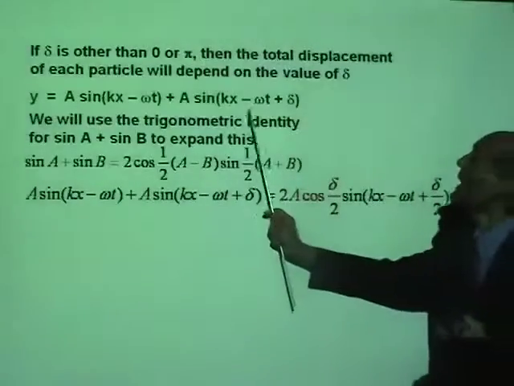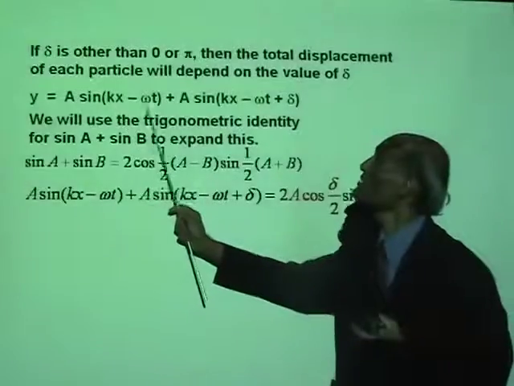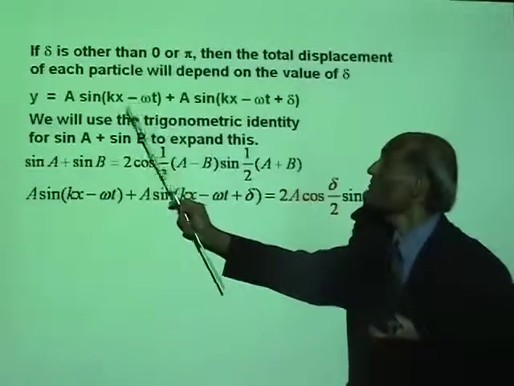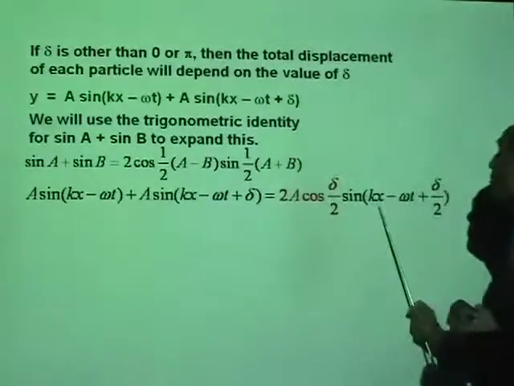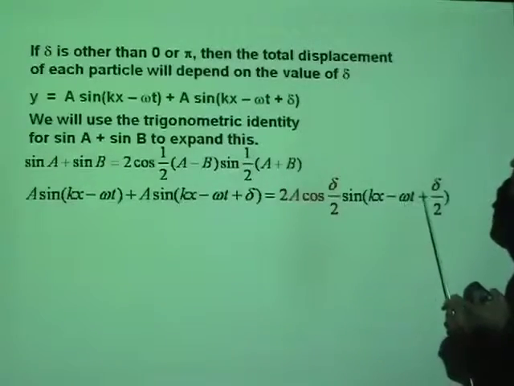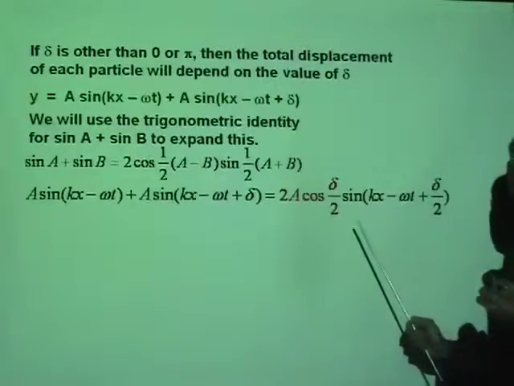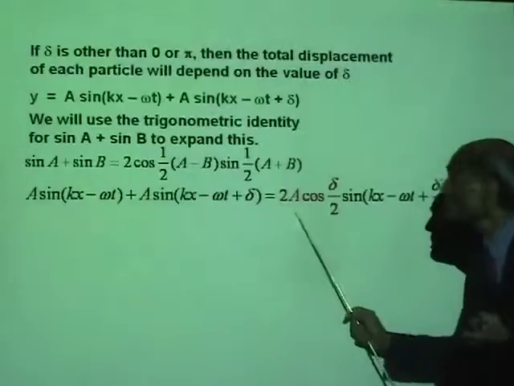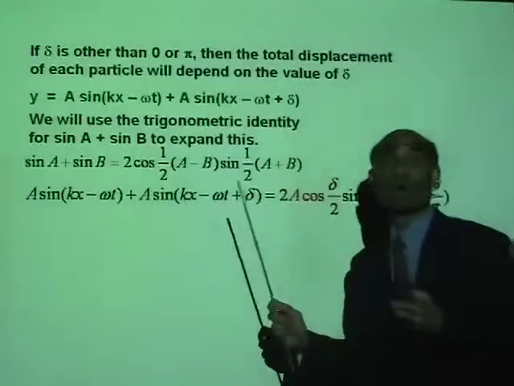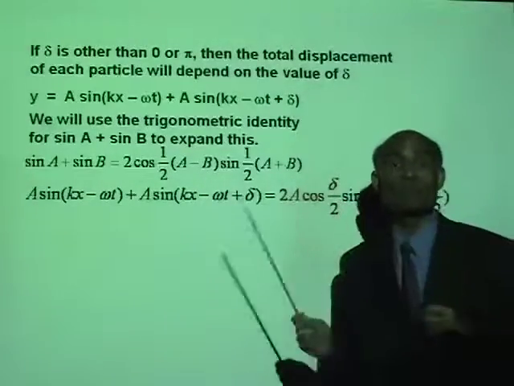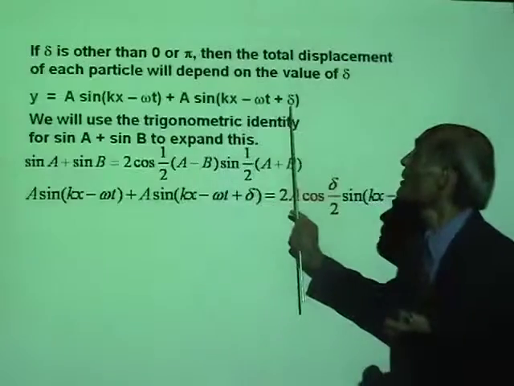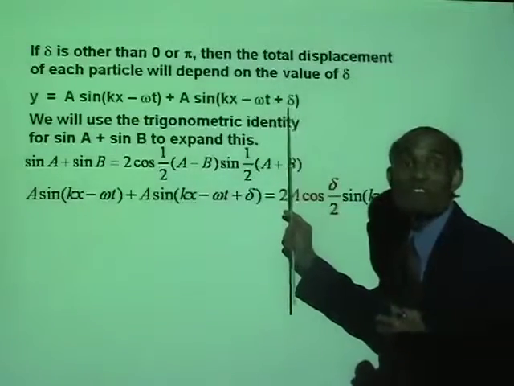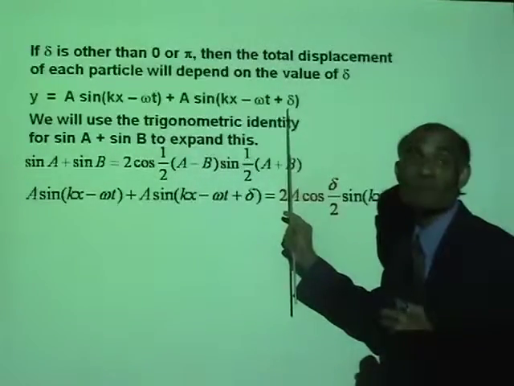And when you add this quantity to this and divide by 2, you get this, kx minus omega t plus delta over 2. So this is the general form when two waves meet at a point with a phase difference of delta.